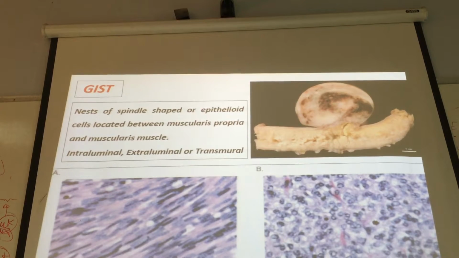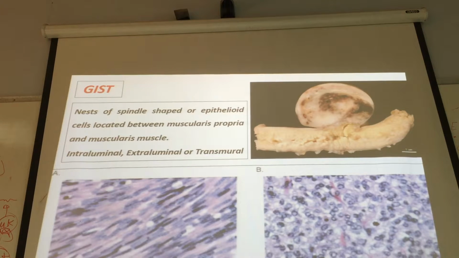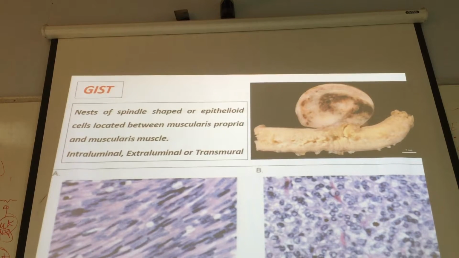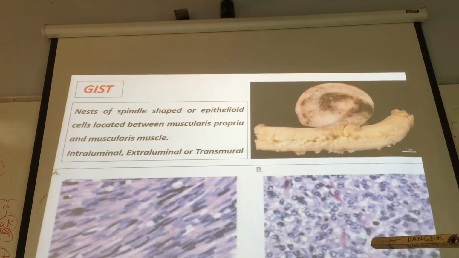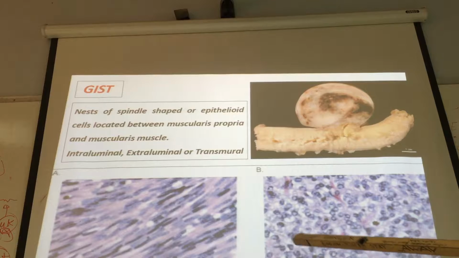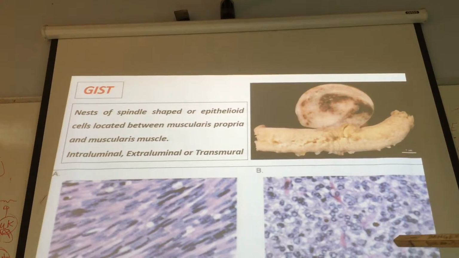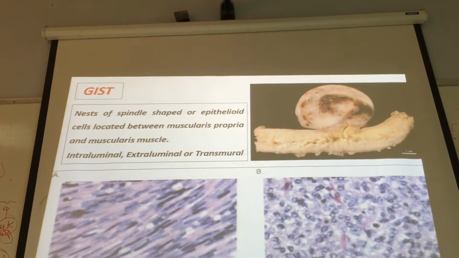Another is epithelioid GIST, where you will find somewhat rounded, polygonal type of cells, with an epithelioid appearance. There is a difference between the two. These are elongated cells, these are epithelioid in appearance. So you have 2 microscopic varieties, spindle cell and epithelioid.